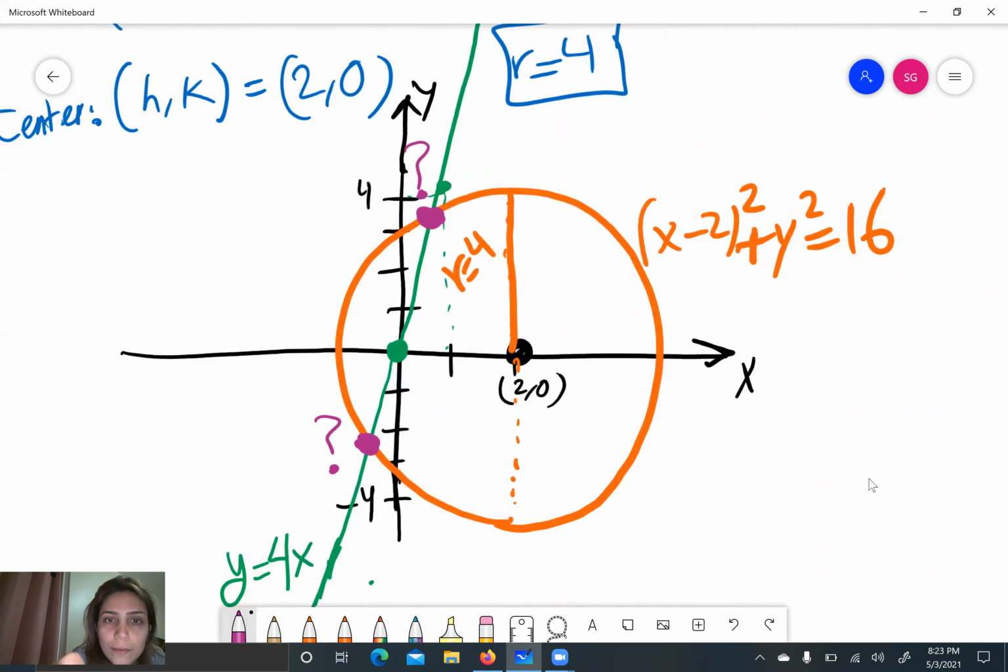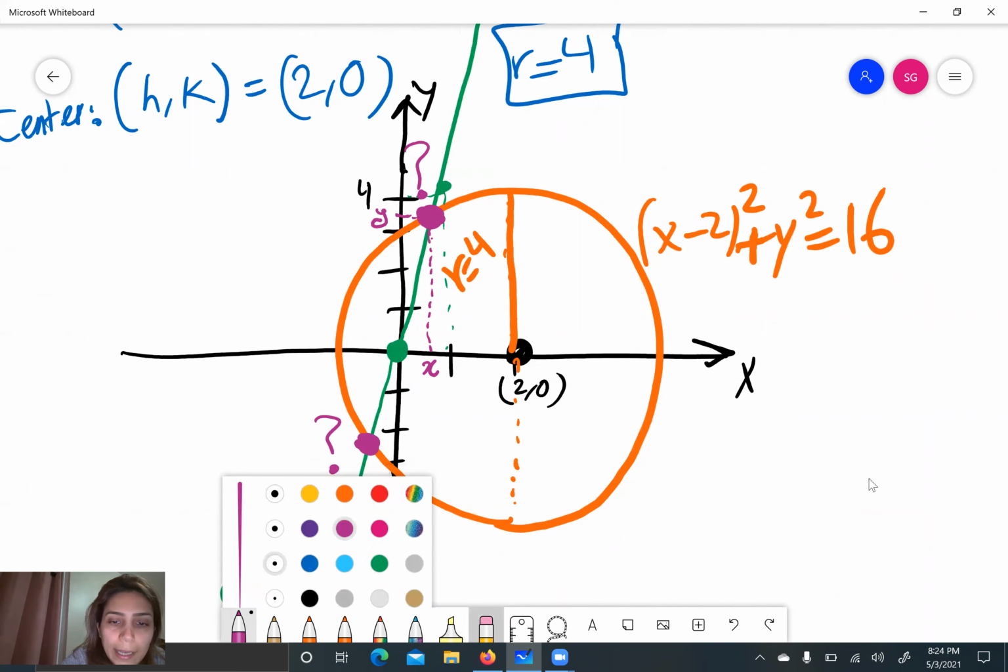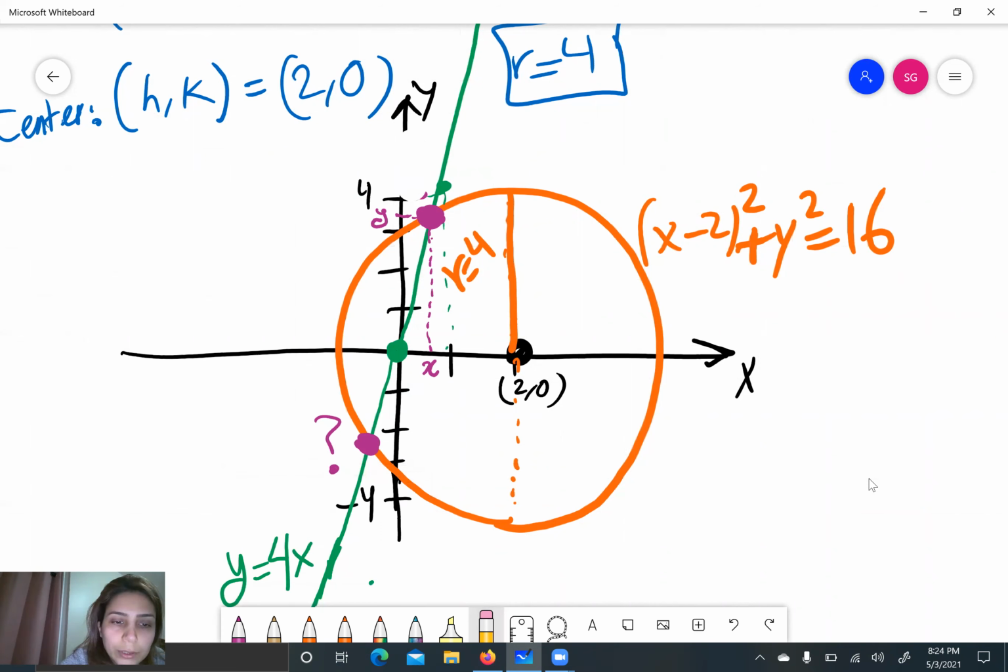What we are in fact looking for is some x value. For example, this point has some x value and some y value. Whatever the coordinates of this point are, it sits on both the line and the circle.